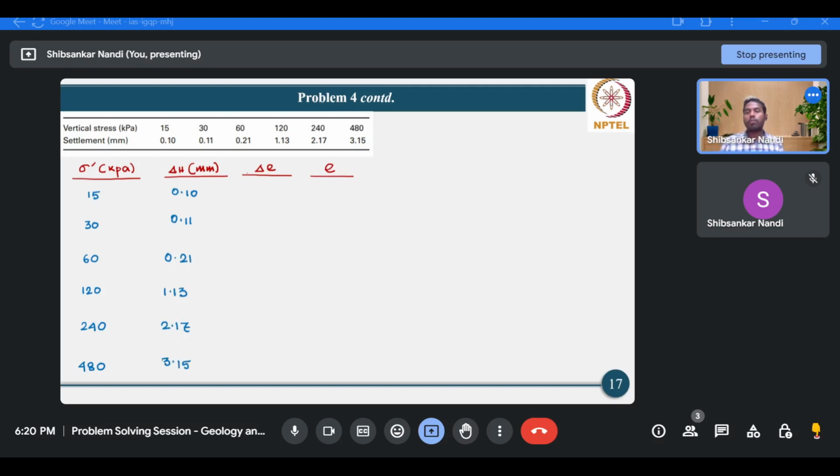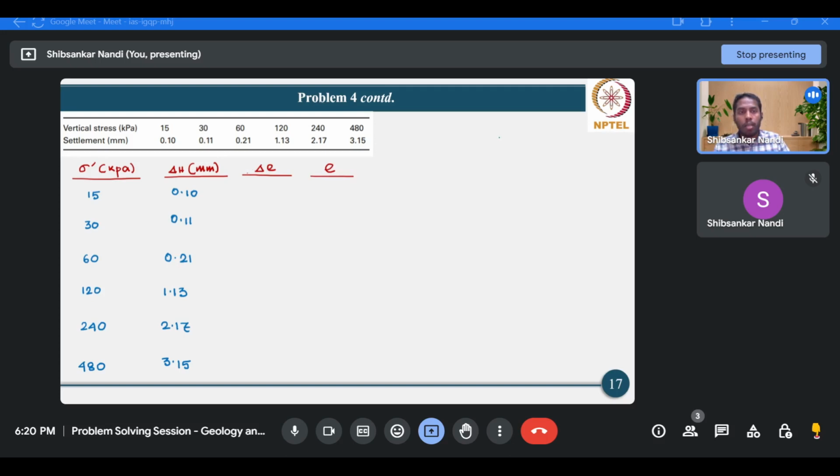As you can see, the more the vertical stress applied to the soil sample, the more the accumulated settlement observed. That means the sample is basically compressed. This reduction in thickness, or settlement, can be related to the void ratio by the change of void ratio method.